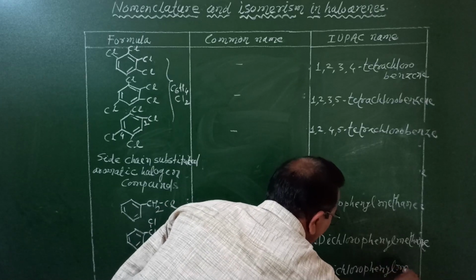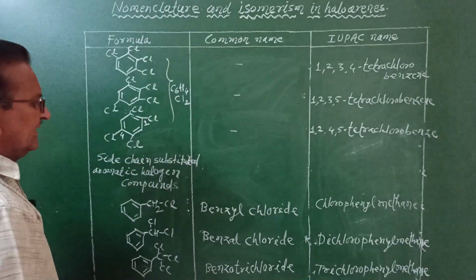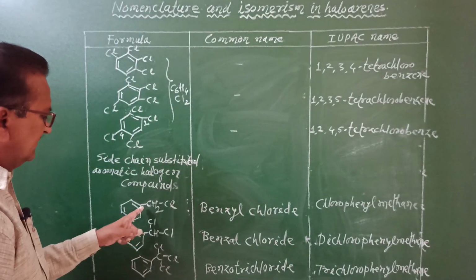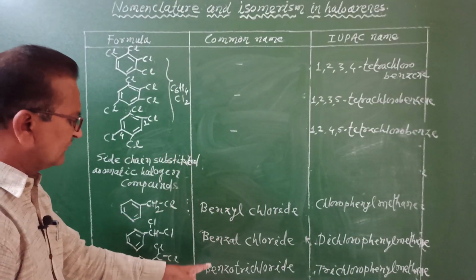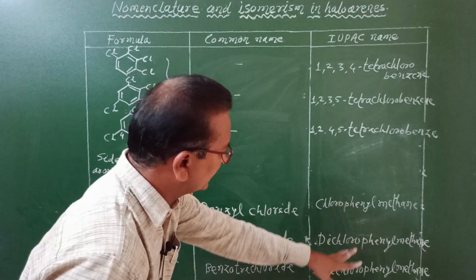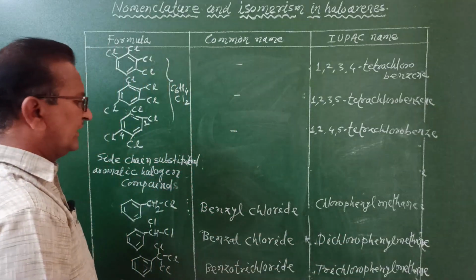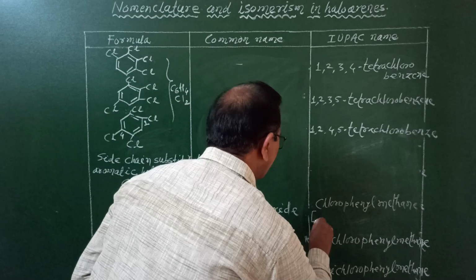So these are the IUPAC names of benzyl chloride, benzylidene chloride and benzotrichloride respectively: chlorophenylmethane, dichlorophenylmethane, trichlorophenylmethane.